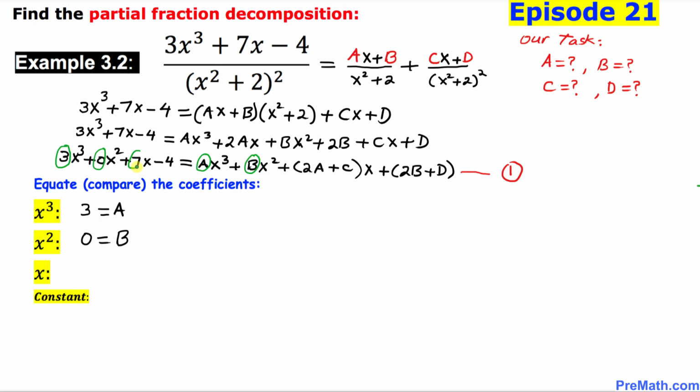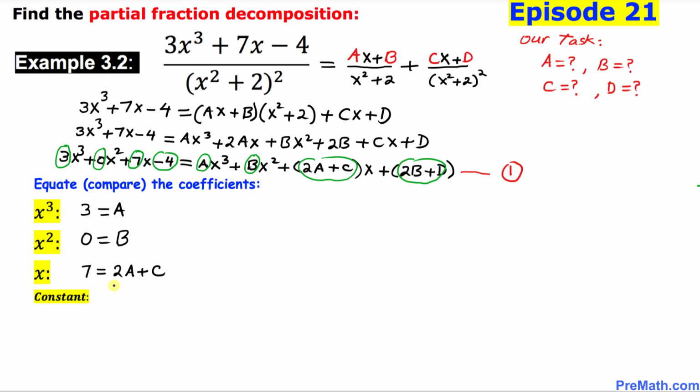So the coefficient of x on the left hand side is 7, and on the right hand side the coefficient of x is 2a plus c. I am going to equate them as well. I can write 7 equals 2a plus c, and finally, on the left hand side the constant is -4, and on the right hand side the constant is 2b plus d.